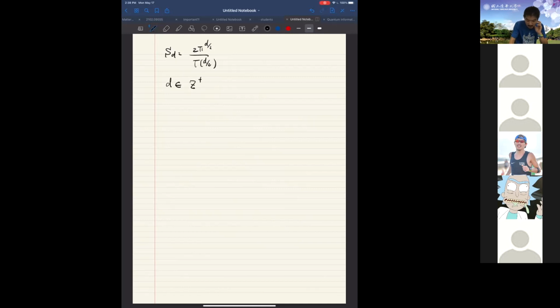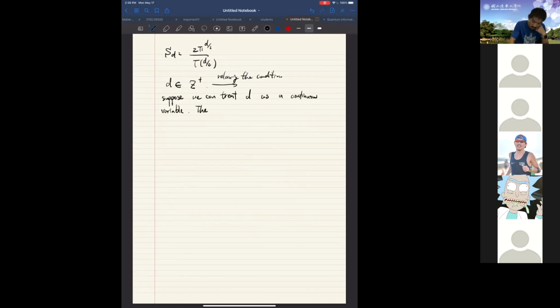However, if we relax this condition, suppose we treat d as a continuous variable, then we can do some kind of expansion.